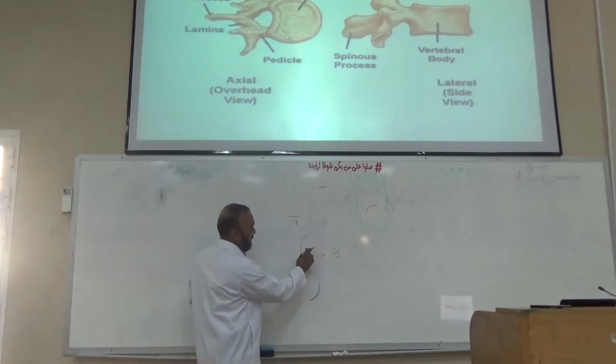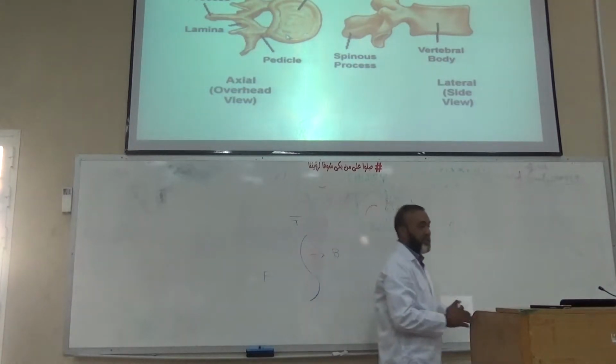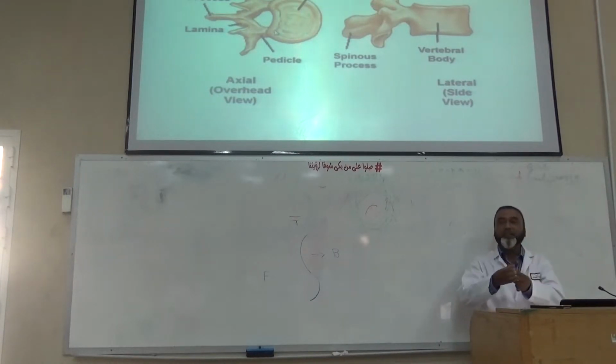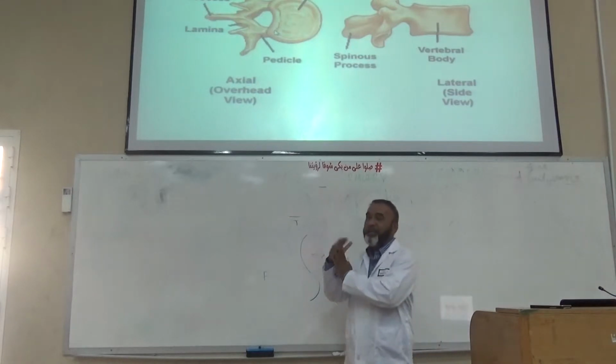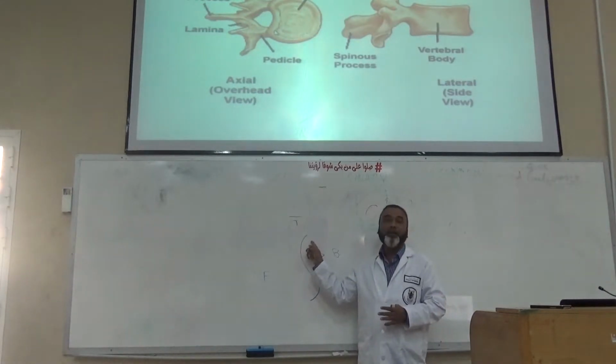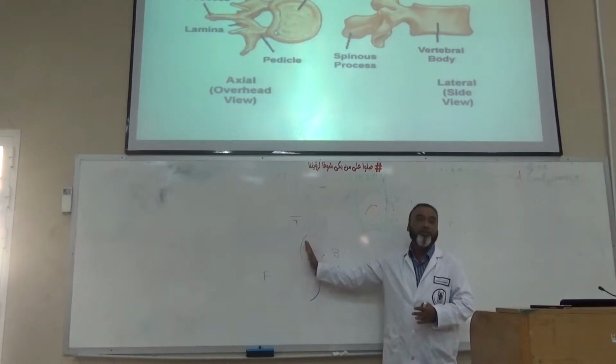So on the posterior aspect, as I said, you can see in this diagram, there is a concavity. The disc is also slightly wedge shaped, due to which what happens? It helps in maintaining this posture of the vertebral column, which shows concavity toward the back.